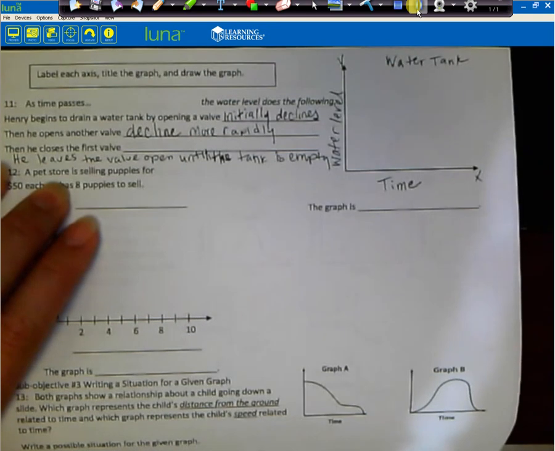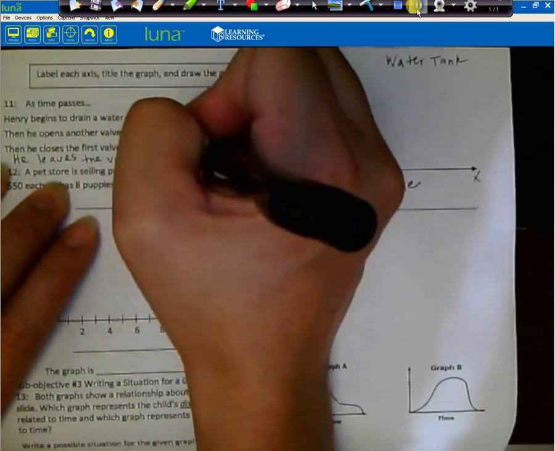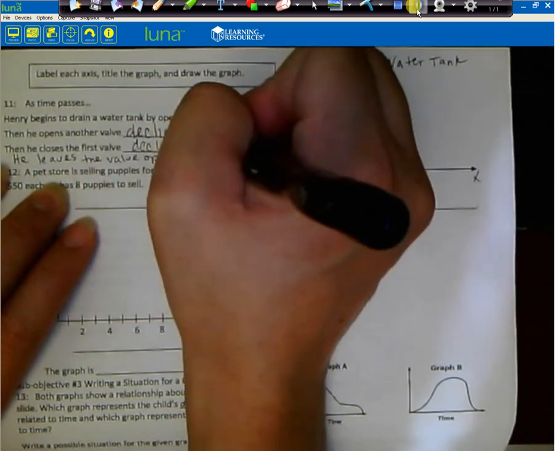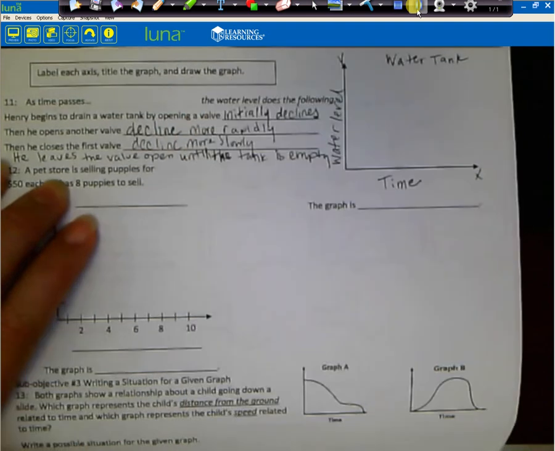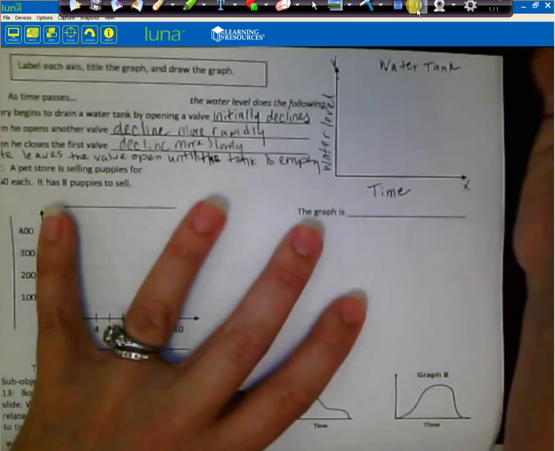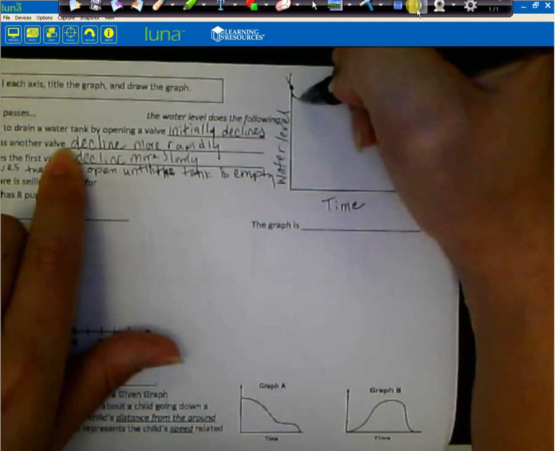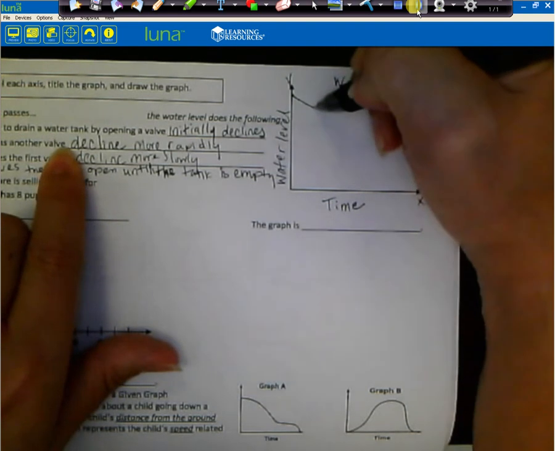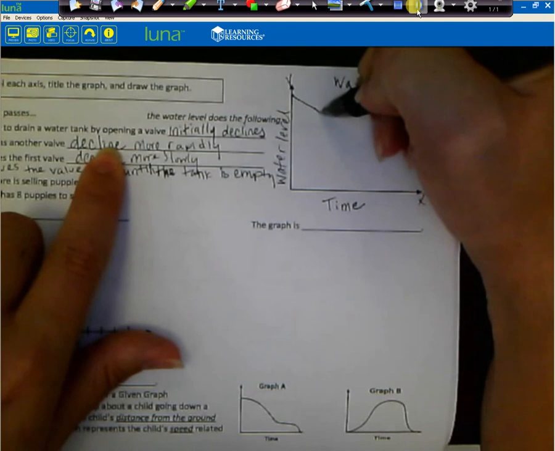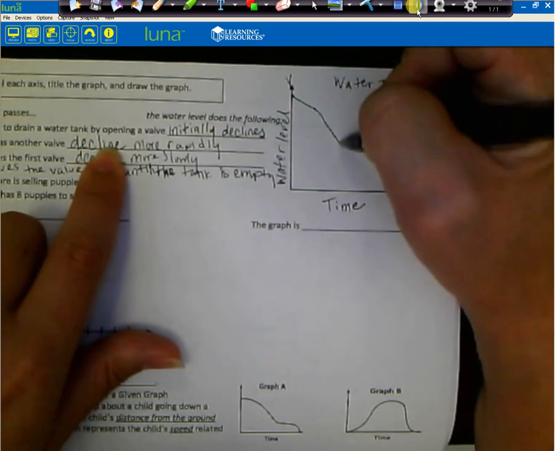Then he closes the first valve, so it's going to decline more slowly. So let's look at what that looks like. Eventually, he leaves the valve open until the tank is empty, so eventually we're going to go to 0. So we're going to start up here where the water level is high. And it says he begins to drain the water, so it drains very slowly at first. Then he opens another valve, so it declines more rapidly. So we're going to show that by declining more rapidly. Our line comes down at a sharper rate.